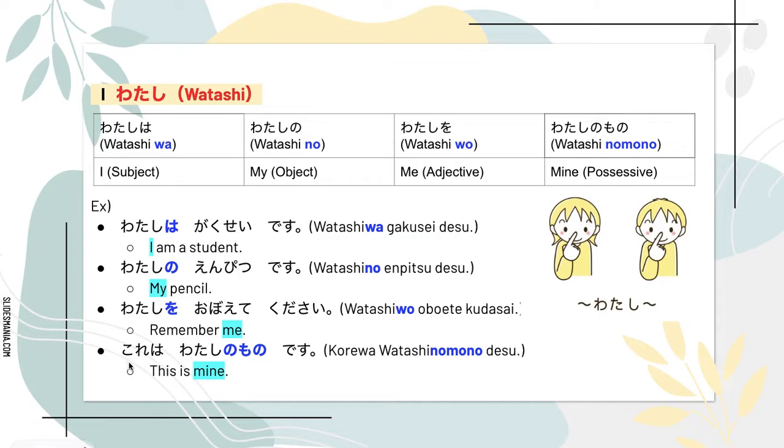So the sentence would be これは私のものです。これは means this, and this word is one of the important terms to remember. So if you had a chance, please remember this means これは in Japanese.